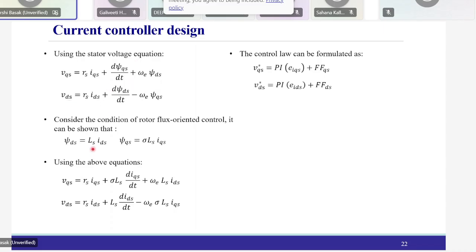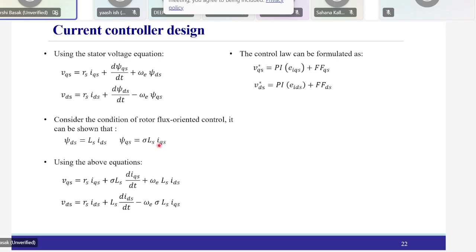using these equations, you consider that it is in the rotor flux oriented control reference frame. So you go for psi ds equal to LS into IDS, and psi QS equal to sigma into LS into IQS.